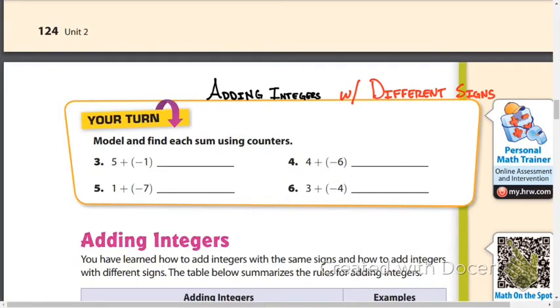Now my rule for adding integers with different signs is 2 steps.